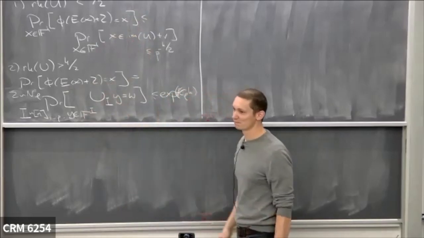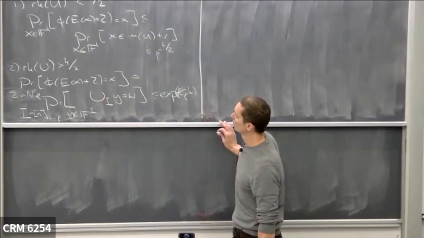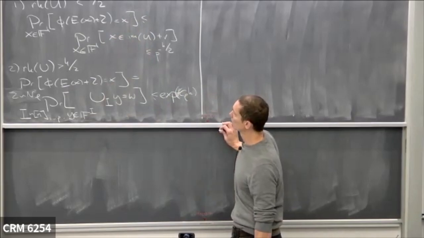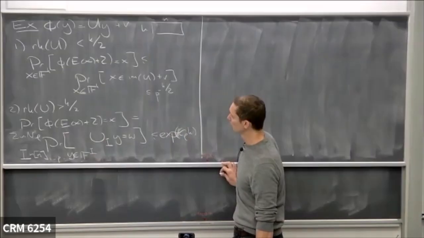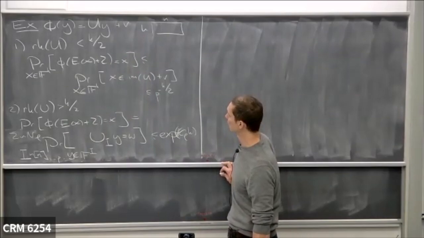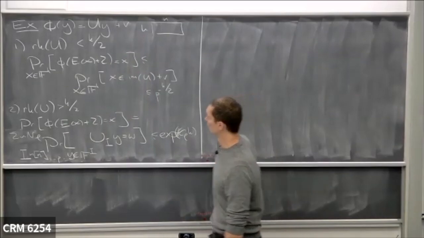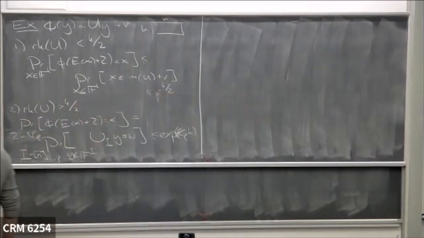In the first argument, for the rank greater than k over 2, what goes wrong with the first? Well, let's see. What are you saying? If the rank is really big, let's see. I don't know. So it's just this step, right?